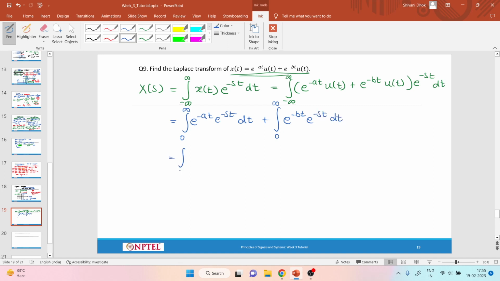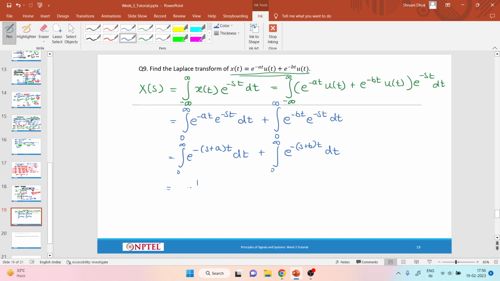This is equal to the integral from 0 to infinity e power minus (s plus a) t dt plus the integral from 0 to infinity e power minus (s plus b) t dt.